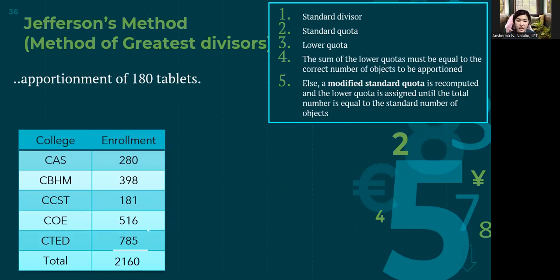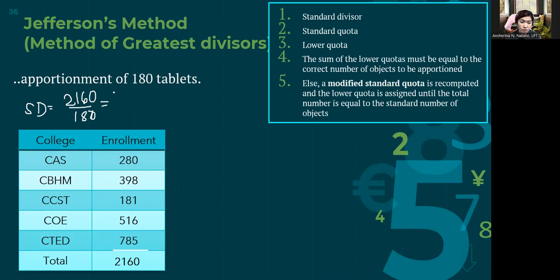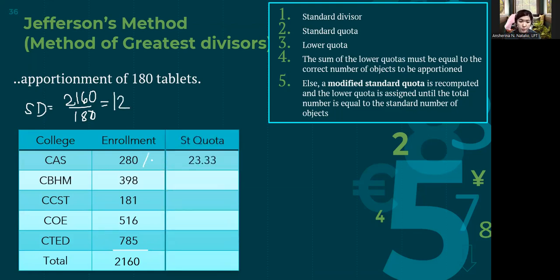And then, itong 2160, dinivide natin sa 180 to get standard divisor of 12. And each population in the group will be divided by 12 in order to get the standard quota.